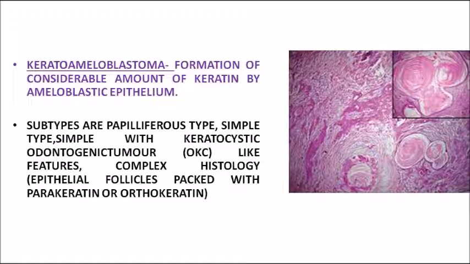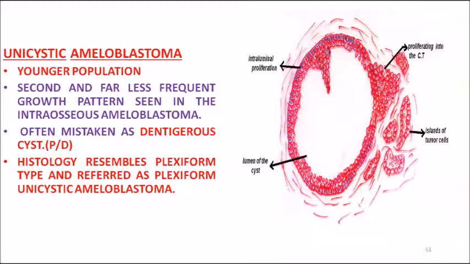Okay, there are subtypes for it. There is papilliferous type, simple with keratocystic. That is PG level, but if you can remember it, it is well and good. But just note down the point: keratoameloblastoma refers to an excess amount of keratin formation, okay, along with the ameloblastic epithelium.